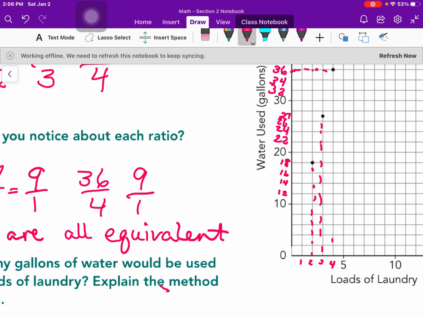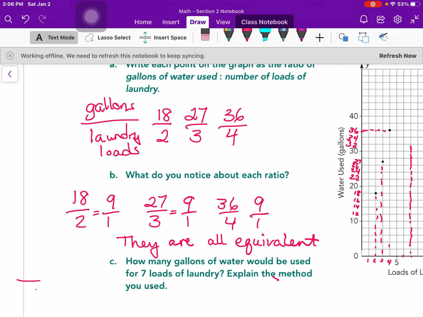Okay, so 7 loads of laundry, 6, 7, that would bring me up here. 7 loads of laundry. I don't know where my dot is exactly, so I don't know if my graph's going to help.